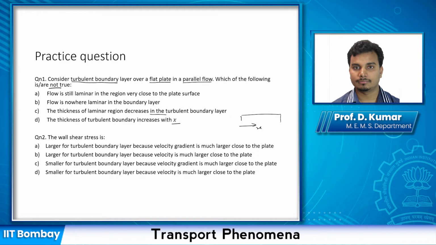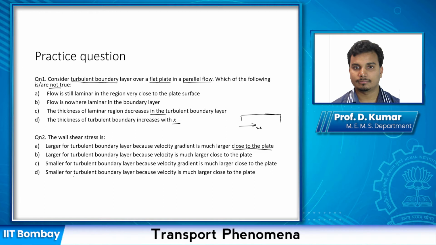Okay. Then the second question is the wall shear stress. That means shear stress at this surface is larger for turbulent boundary layer because velocity gradient is much larger very close to the plate. We are comparing this to laminar boundary layer. The wall shear stress is smaller for turbulent boundary layer because velocity gradient is much larger close to the plate.